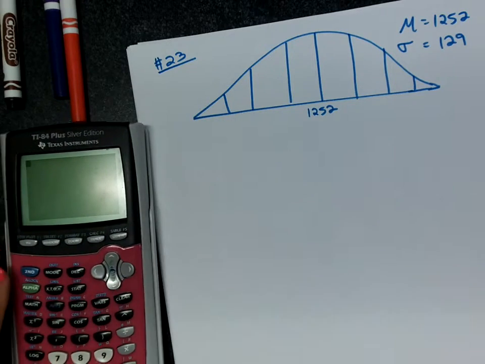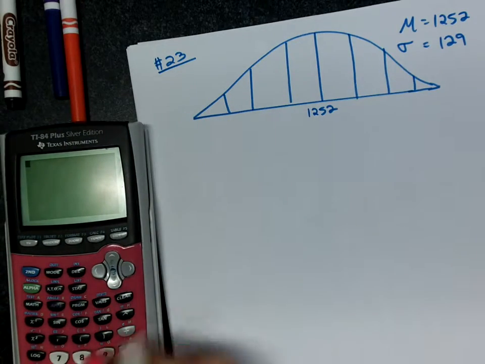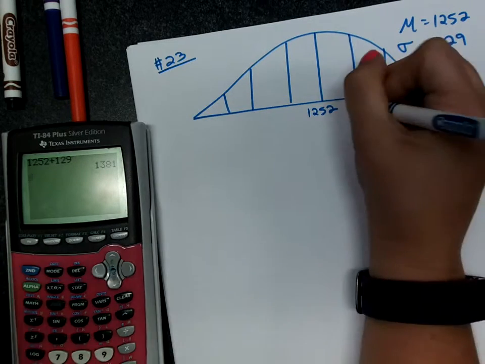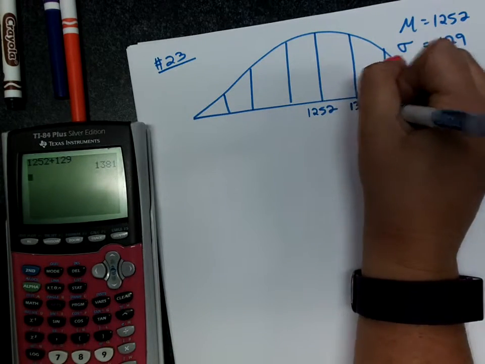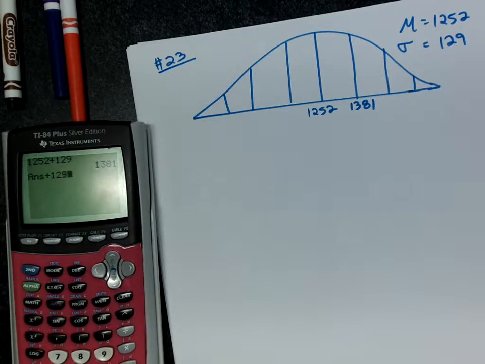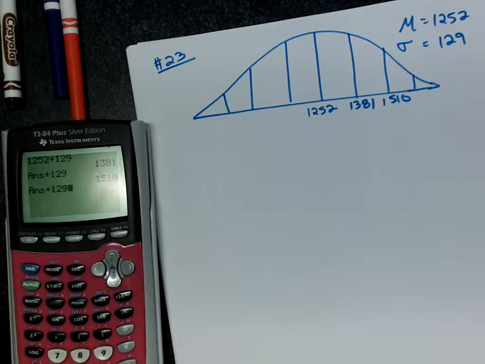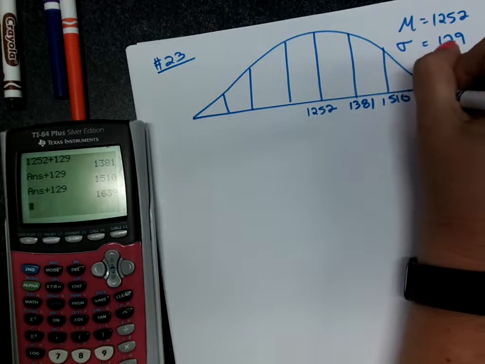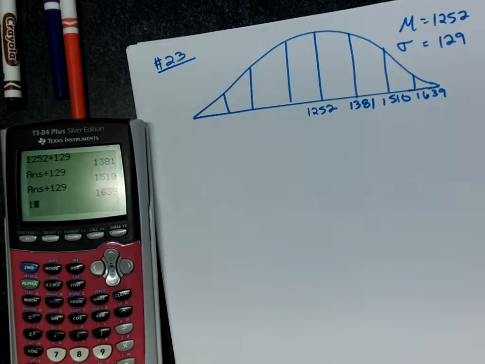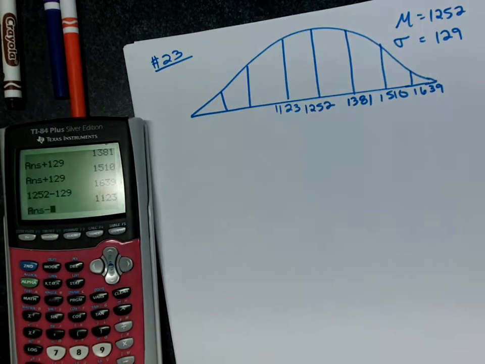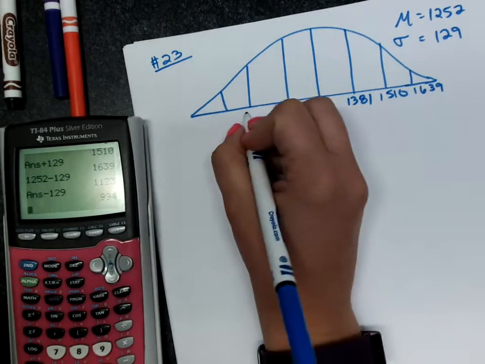So before I even read the questions, I'm just going to set up my curve. I think it's really helpful to have this on your scratch paper before you even read the questions so that you can have it all set up and see the full picture before you try to answer any questions.